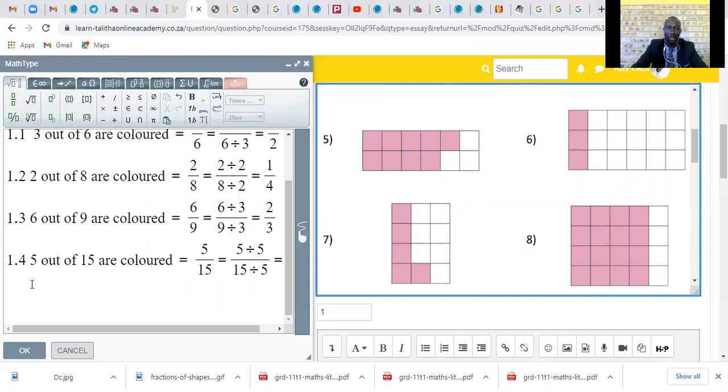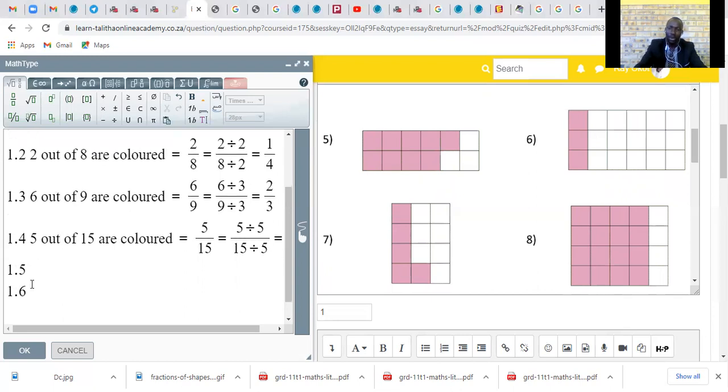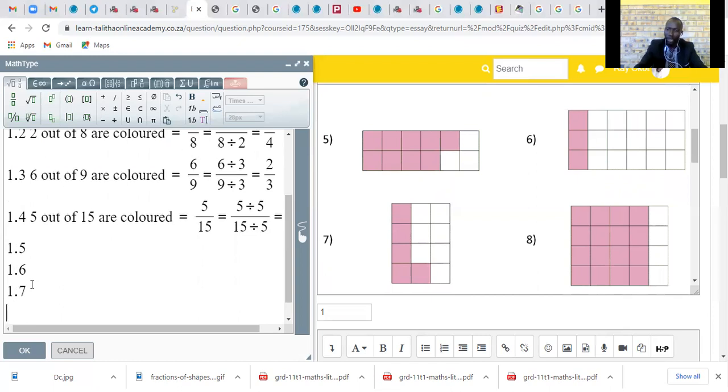So I would expect you to do question 1.5, then later you also do question 1.6, then question 1.7, then you also try question 1.8, which is appearing here as question 8.